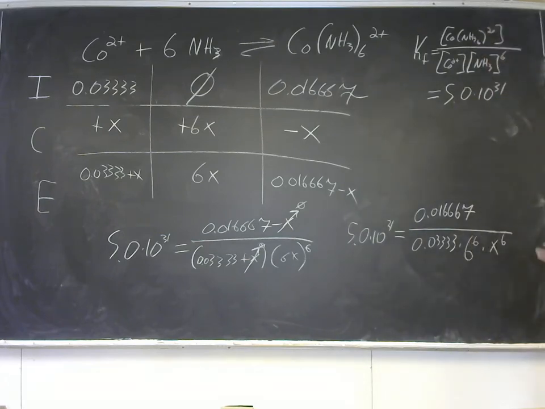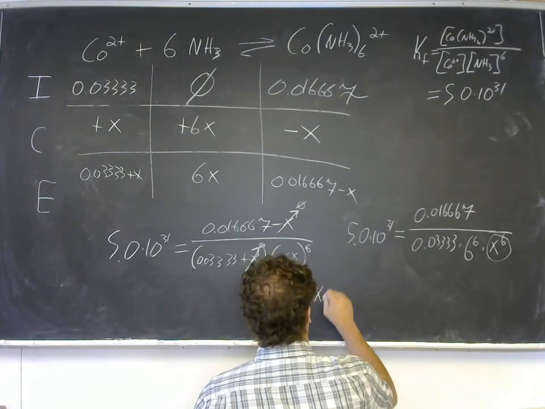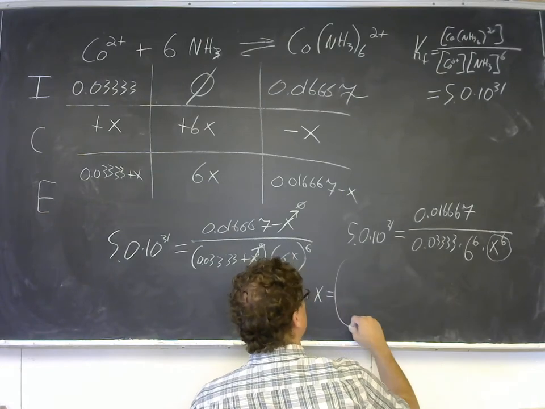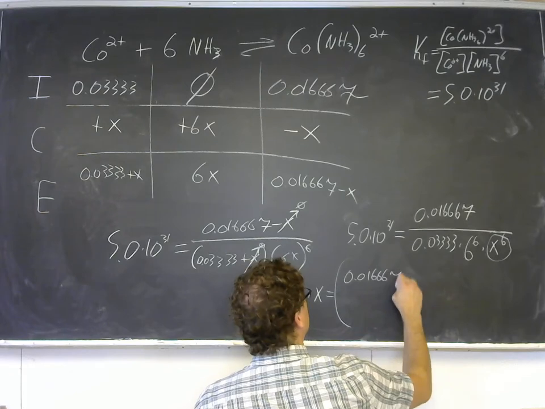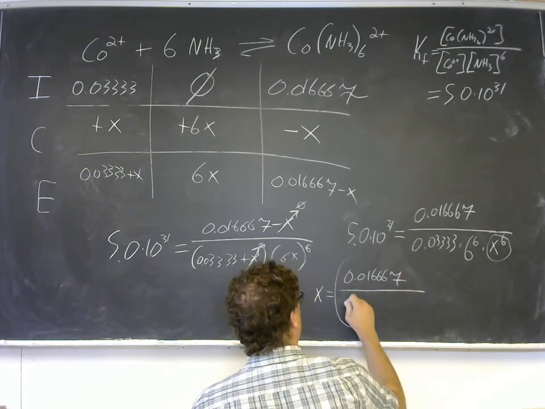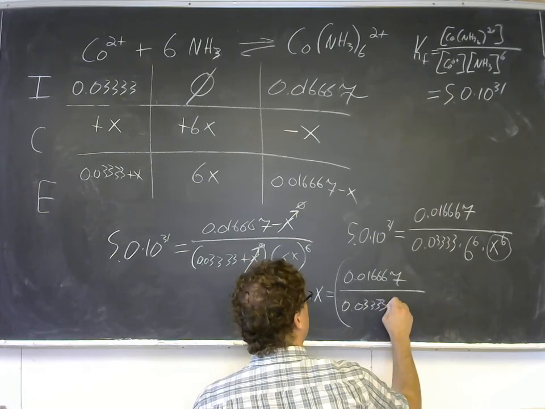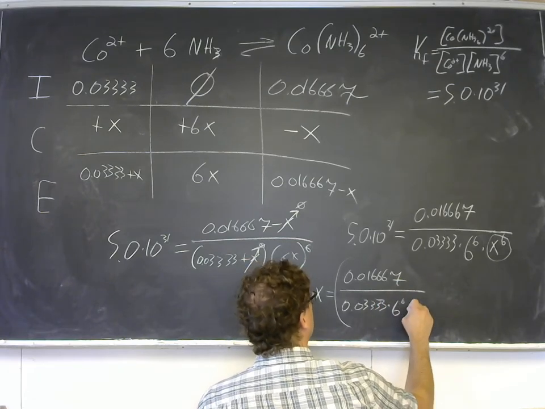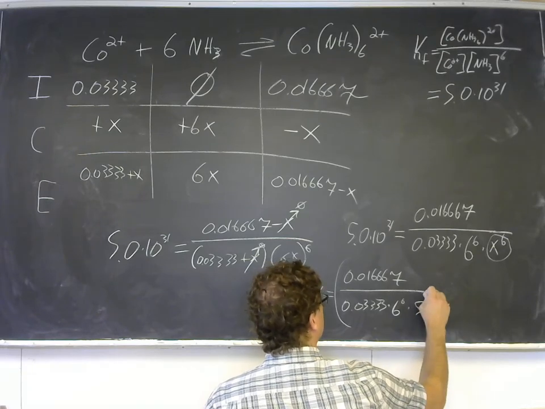And now, hopefully it's pretty clear that we can solve for x. X is going to equal the 6th root of 0.016667 divided by 0.03333 times 6 to the 6th times 5.0 times 10 to the 31st.